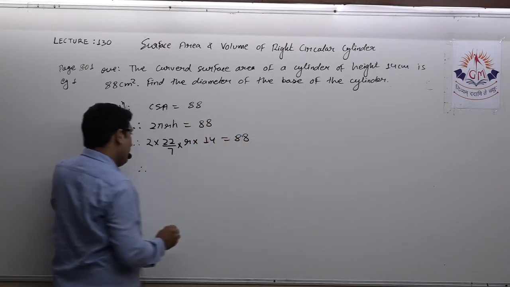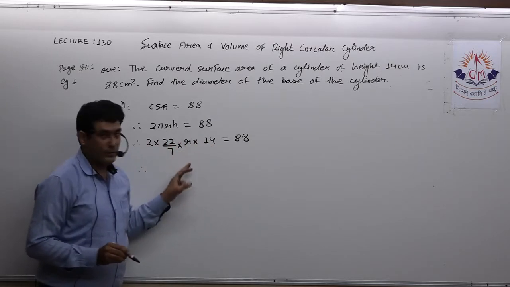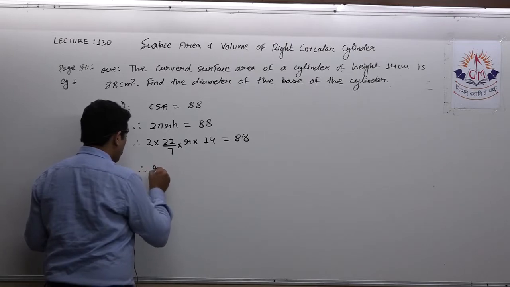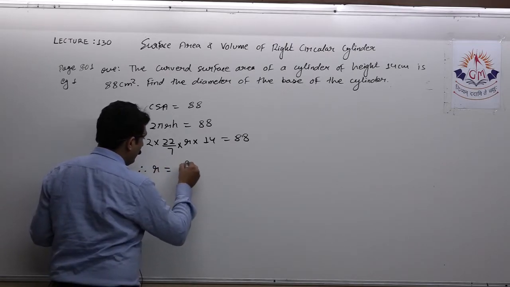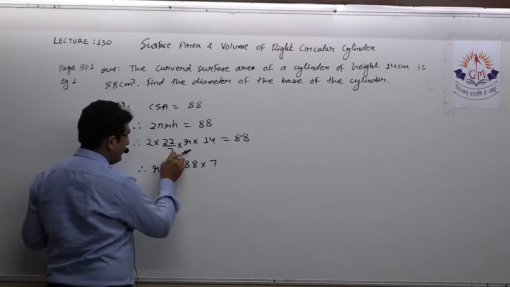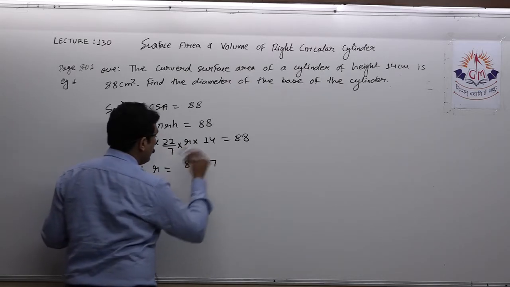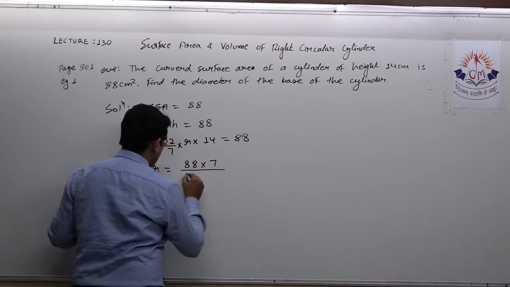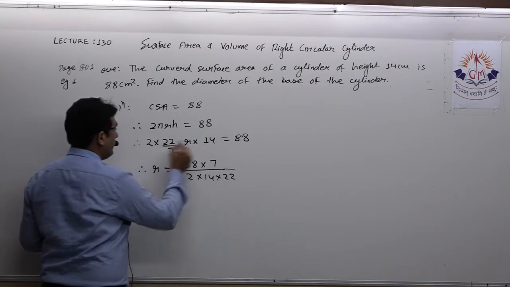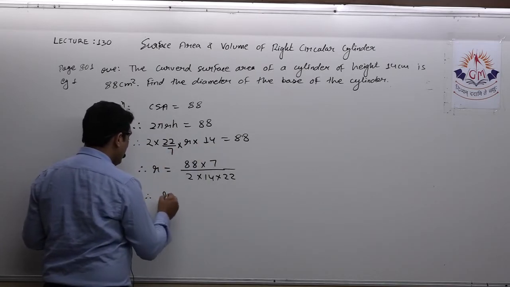Now maximum of you, what you do, you multiply all these. Don't multiply, as we have to find r. Keep r over here and take all other values to the other side. 7 is in the denominator, so we'll take it to the numerator. Now 2 and 14 and 22 will come over here, because these three are in the multiplication or in the numerator.